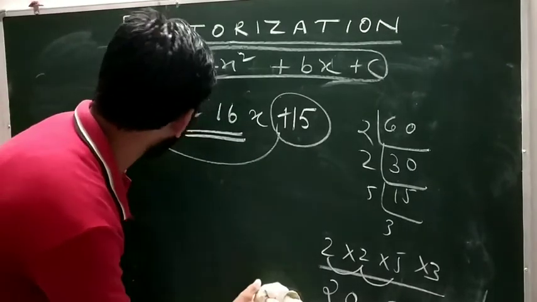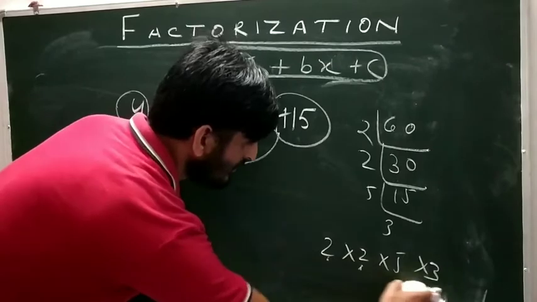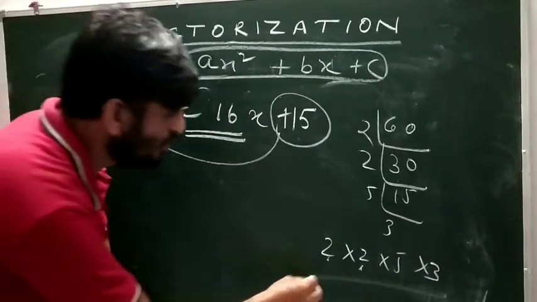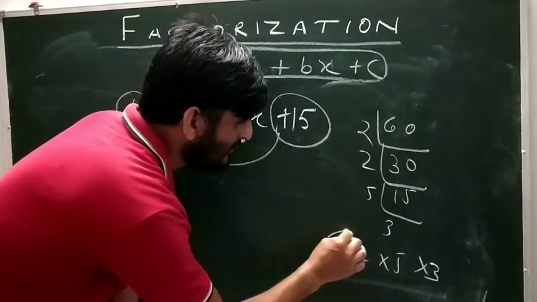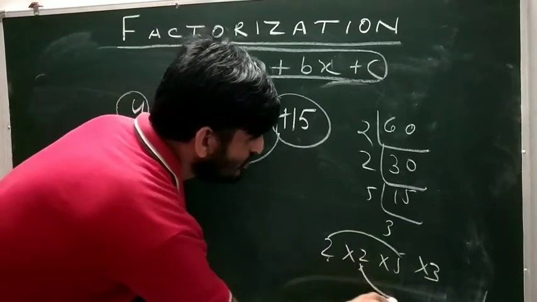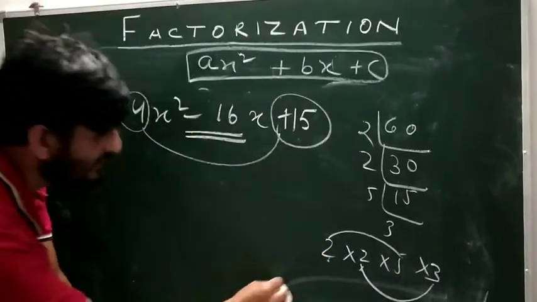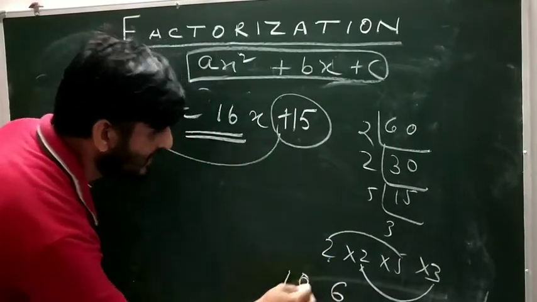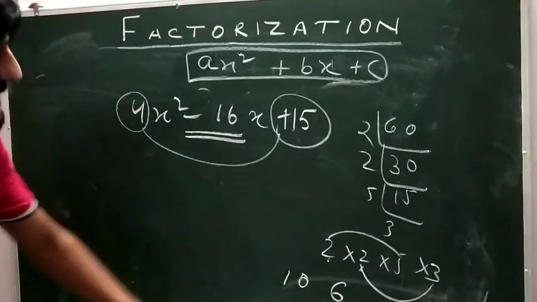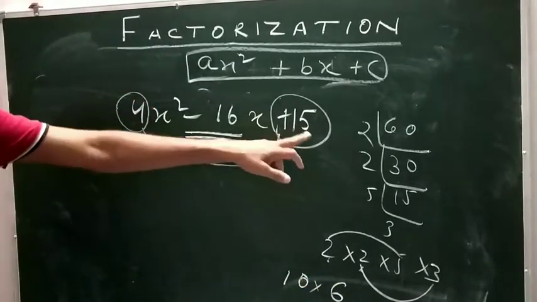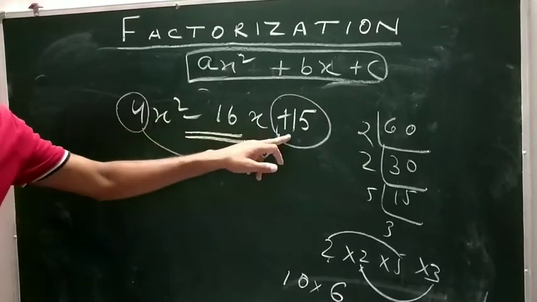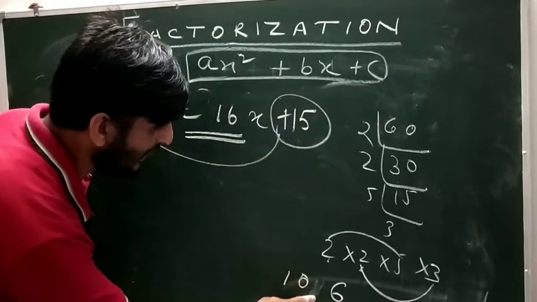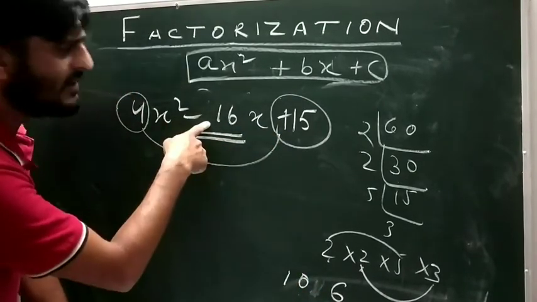Now let's see how we can write. 2 5s are 10 and 2 3s are 6. That means 10 and 6. So the product of 10 and 6 is 60. Yes, 4 into 15 is 60. And for 10 and 6, we need a result of minus 16.